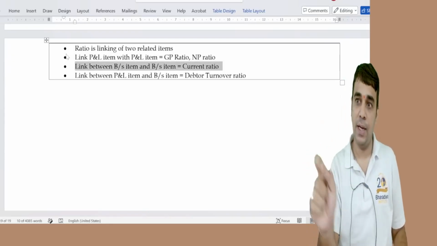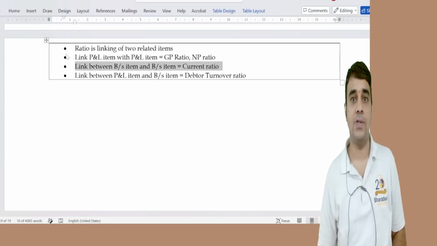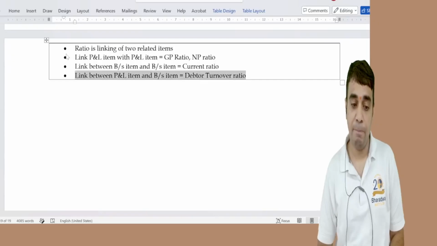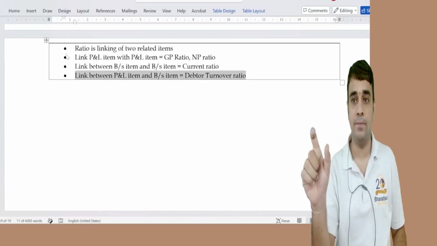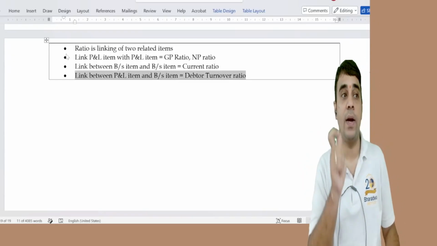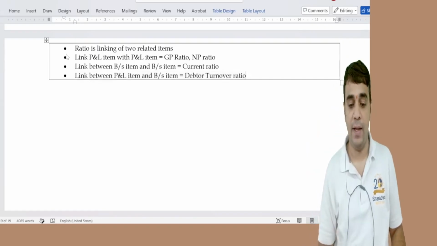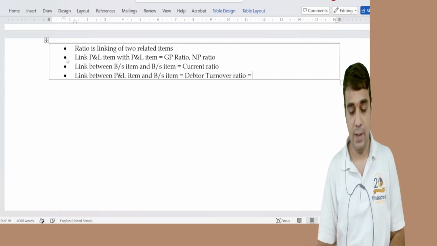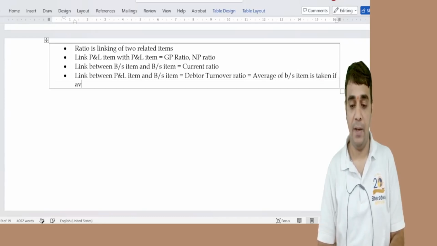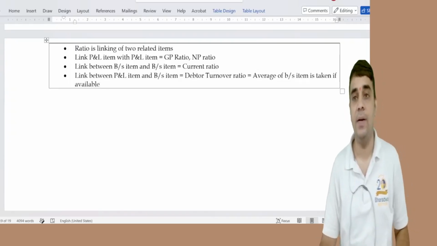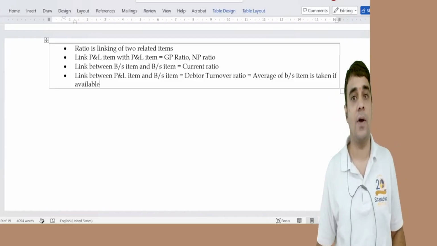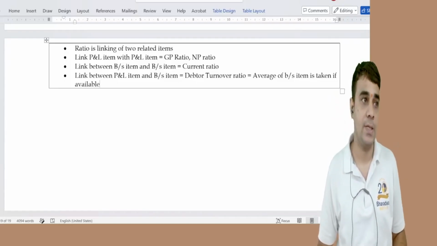Numerator as on date, denominator as on date. Here, P&L is for the full year, and balance sheet is only an as-on-date figure. So whenever you have this, here alone the average of the balance sheet item is taken if available. If available, I will take the average for the balance sheet item.